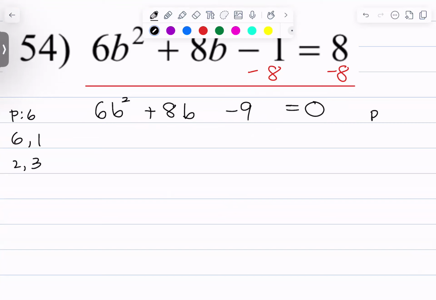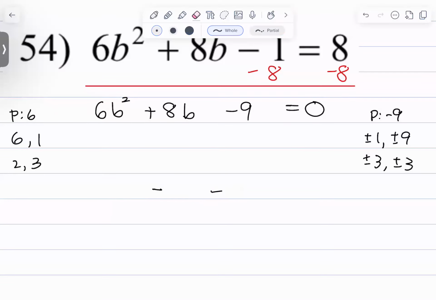Negative 9, the product of negative 9 is going to be plus or minus 1 and 9, or plus or minus 3 and 3, right? And throughout all of that, I want a sum of 8. So once you go through that process of trying to factor it out, you notice that it doesn't work.